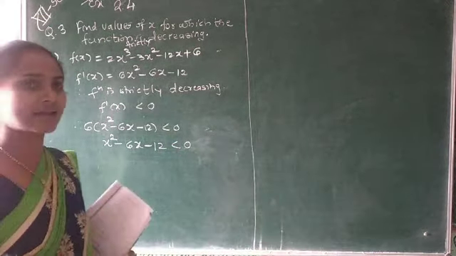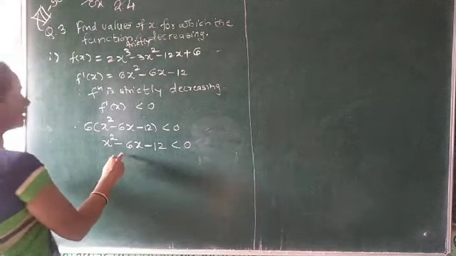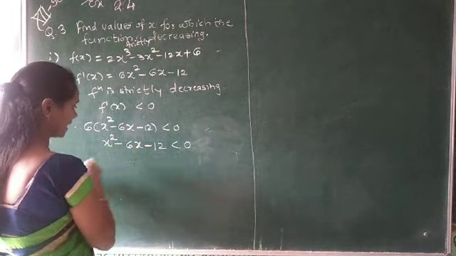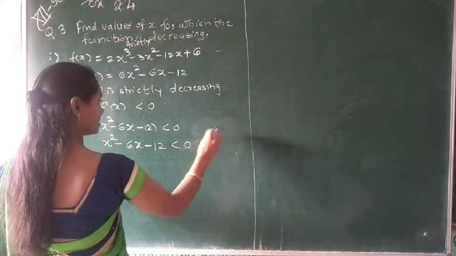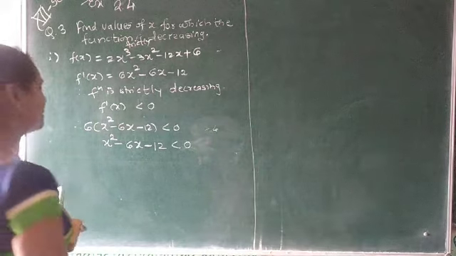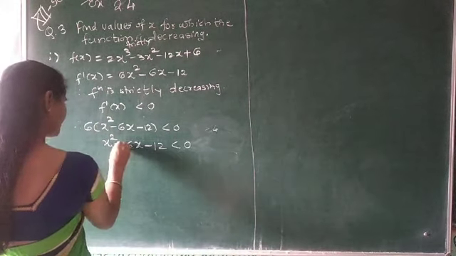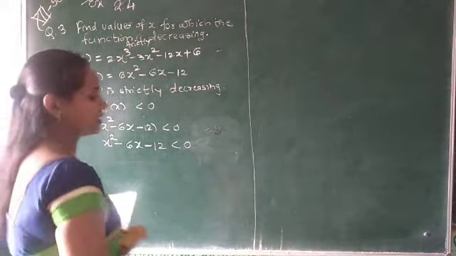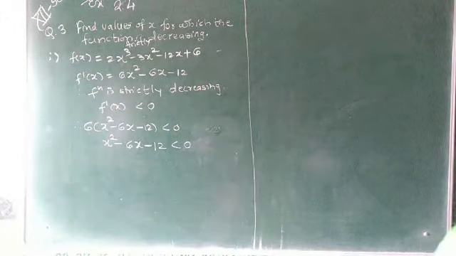Now we have to factorize this. So find two numbers whose product is minus 12 and addition is minus 6.